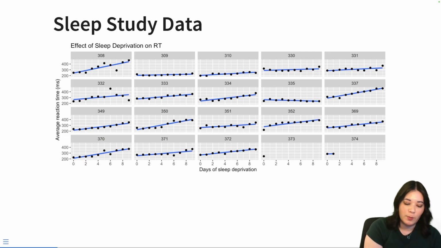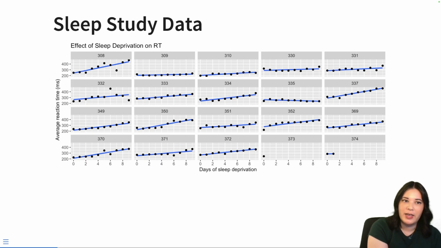If we know someone's reaction time on day 1, that probably gives us some information on what their reaction time will be on day 3 or 5 or 7. So we're no longer actually adhering to the assumption of independence. So we probably, as we've been learning throughout the class, if we're going to violate that assumption, we probably need to account for it in our model. And essentially, random effects are one way to do that.